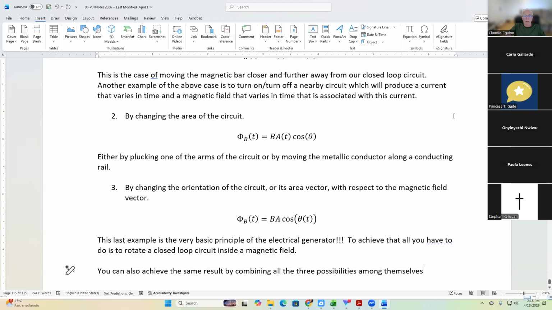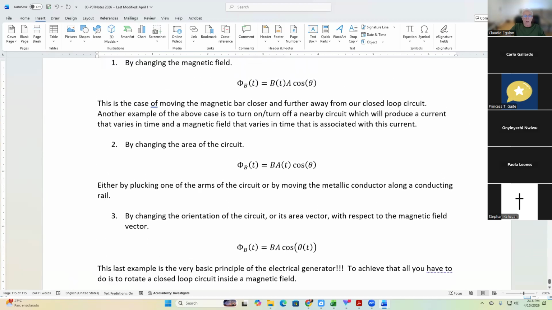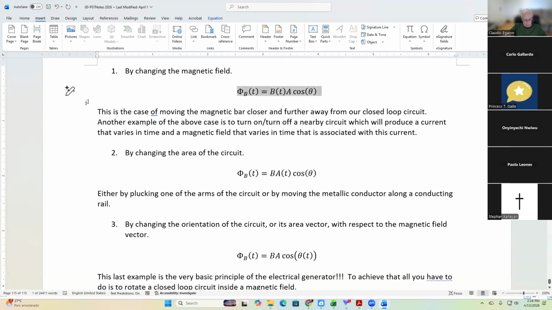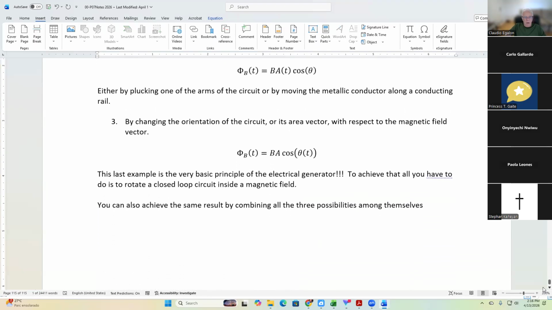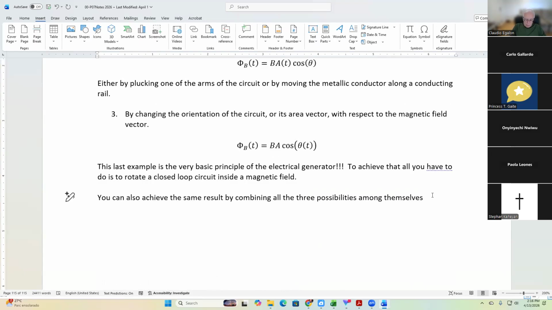One way, provided, of course, that one variation does not cancel the other. But it's possible, okay? It's possible.